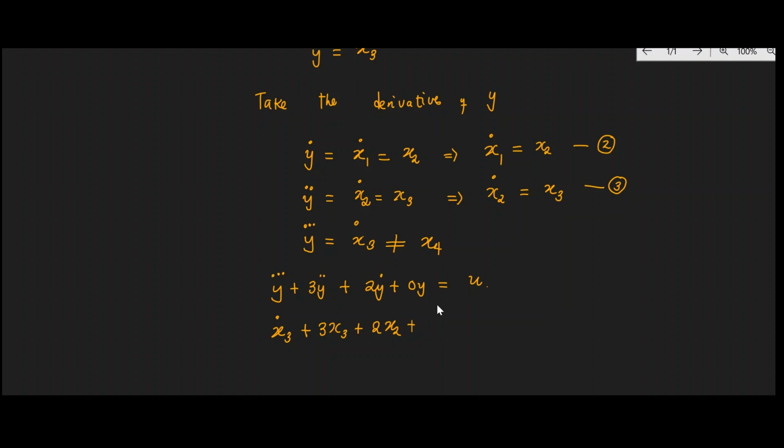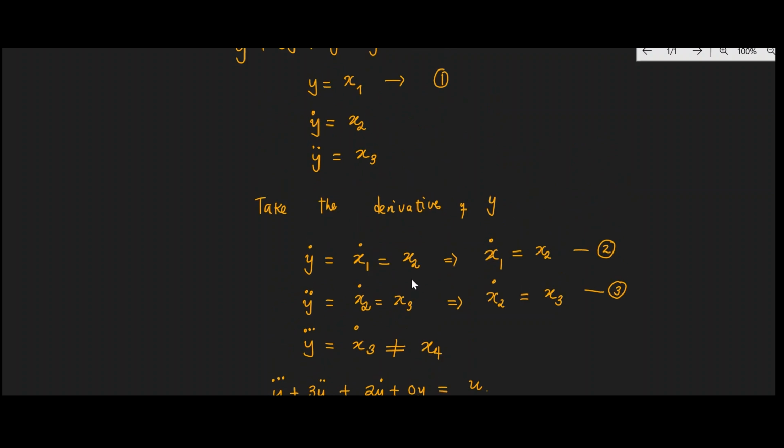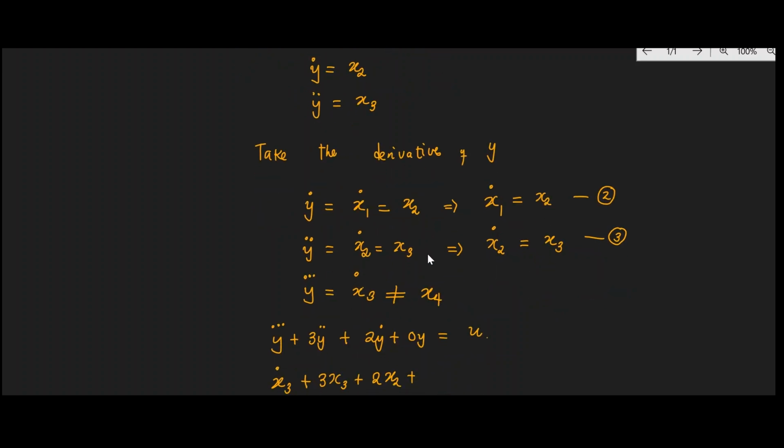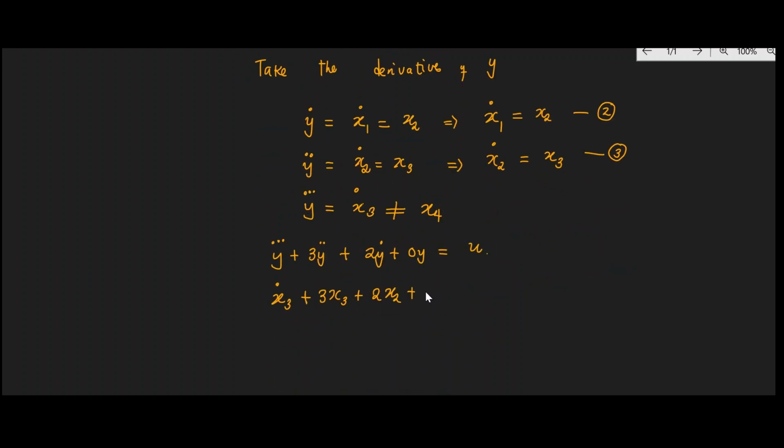What is y? This one I'm just writing for the sake of writing. It's not there, but let's just write it. Y is simply equal to x1 from the first equation as we defined it. So this is 0x1, isn't it? If there's a number here, please make sure you put it. Since it says 0, I'm using it so that you can see how everything moves. This is equal to u. Now let's solve for x3 dot, because we found x1 dot and x2 dot. What we don't have is x3 dot.